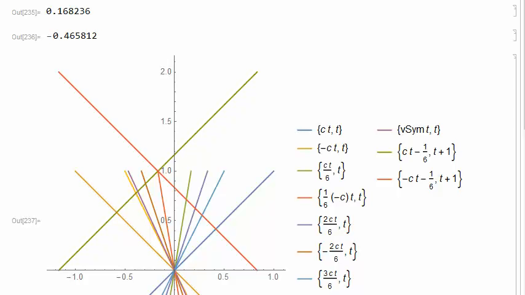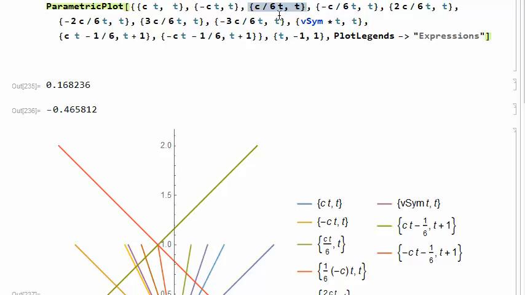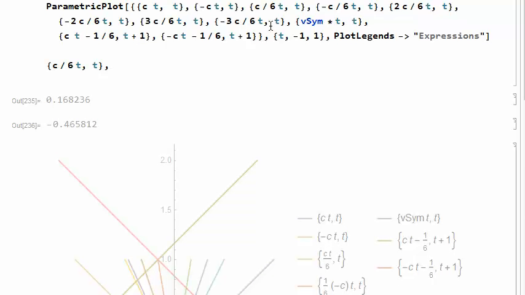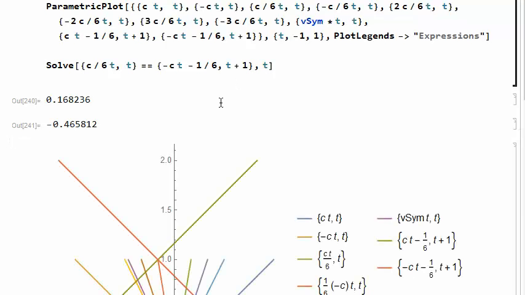So how can I solve that? I'm going to pick out two lines here, one of them being c over 6 t comma t, and the other line being, I think it's this one, negative c t over 1/6 comma t plus 1. I want to see if it will find me a point where those two things are equal for t, or will that break it?